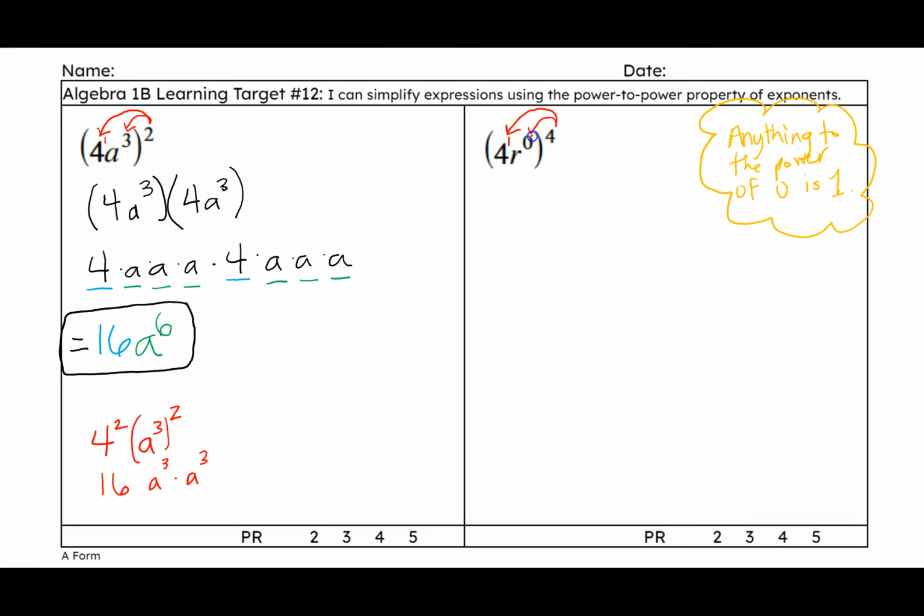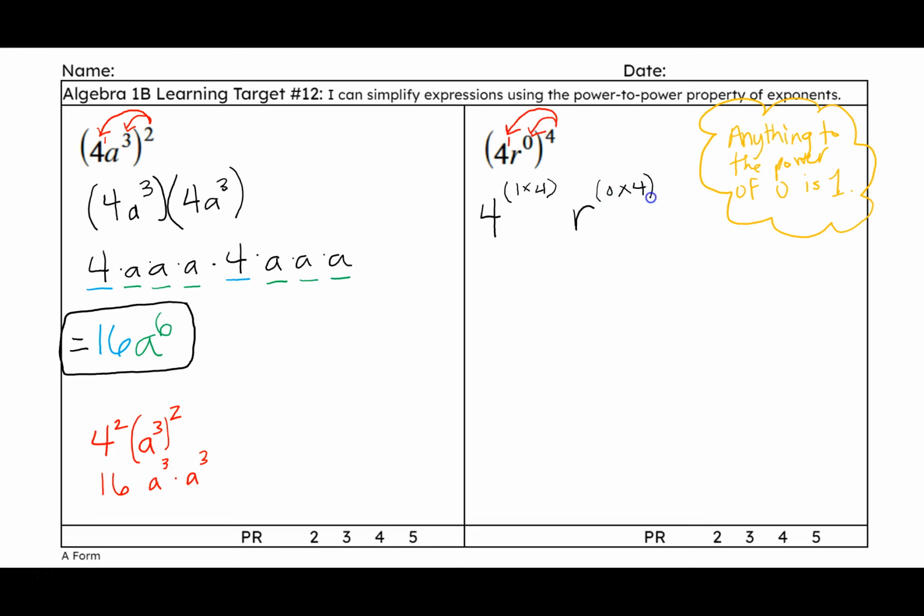So then we will get 4 to the power of, and let me write it like this, 4 to the power of 1 times 4. That's its power. We're also going to have r to the power of 0 times 4. So 4 to the power of 1 times 4 is 4 to the power of 4. Exponent is 4. And 0 times 4 is 0.